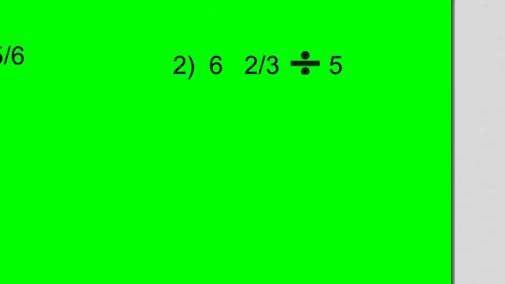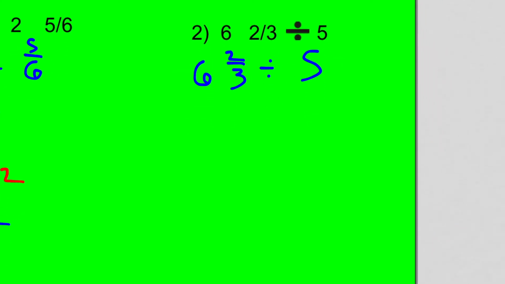6 2/3 divided by 5. Now, first thing you want to do is write both as improper fractions. So the first one, 3 times 6 is 18, plus 2 is 20/3.